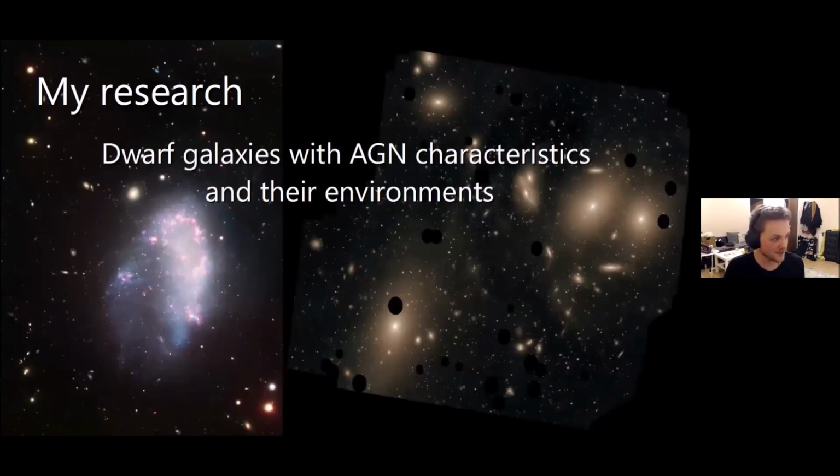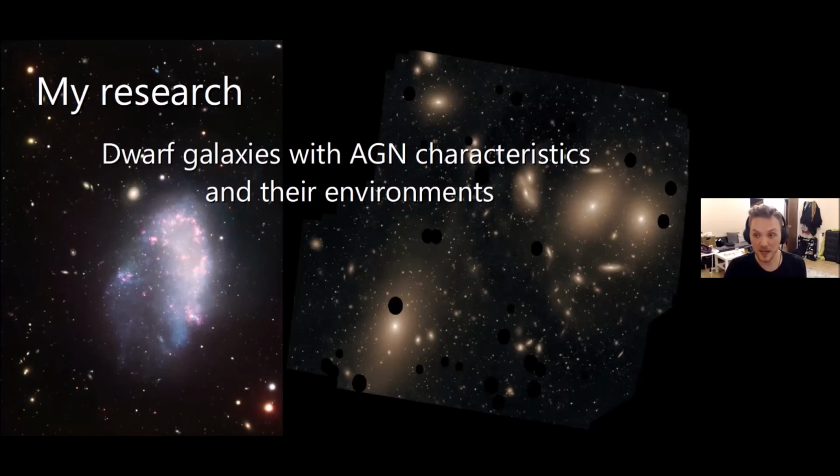I have a few mentions about my own research because I think that's also very important and very interesting. The first project I've been working on is dwarf galaxies with AGN characteristics and their environments. I mentioned already that AGN are not very frequent in dwarf galaxies and galaxies like the large and small Magellanic Clouds.